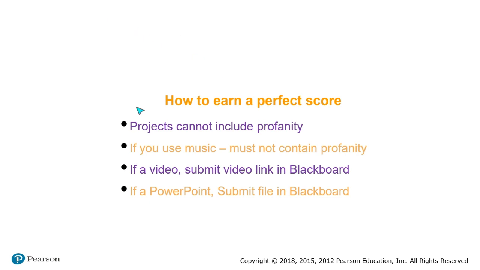Now, I want to start out with this because this is what everybody is most concerned with, right? How do I get a perfect score? It's the same thing with me, when I'm in my classes: please show me what you want, and I will deliver it. So that's what we're going to talk about.